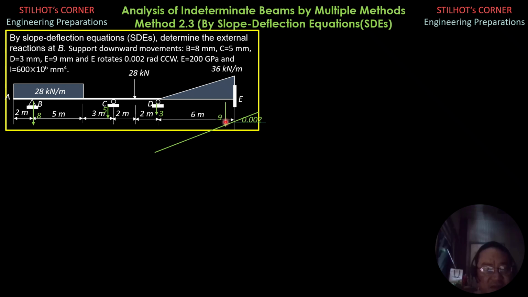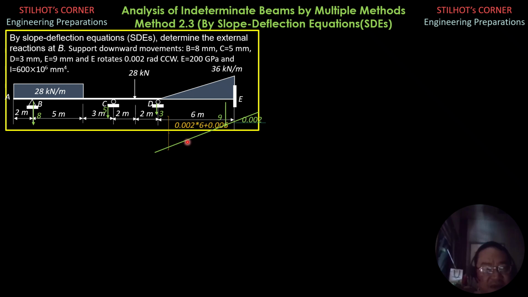So the relative deflection between D and E would be, since E is going down 9 mm and D only 3 mm, a 6 mm difference between D and E. Plus this rotation, we have a farther downward deflection, equal to the slope, 0.002 radians times 6 meters, plus 0.006, where 0.006 meter is 9 minus 3 mm as shown.